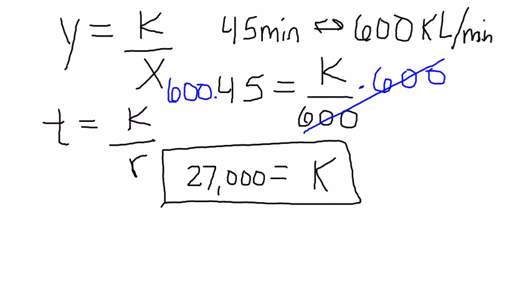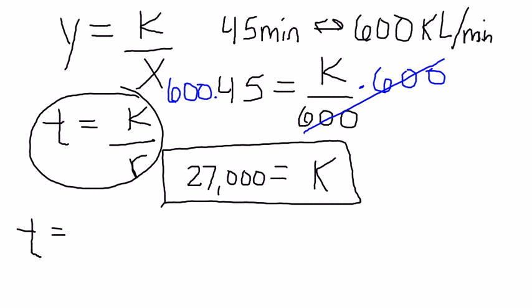Basically that's telling me that I've got 27,000 kiloliters that need to be pumped out. With that, we can write a formula. We can take this T equals K over R and write it more specifically: time is equal to 27,000 divided by the rate at which you're pumping.